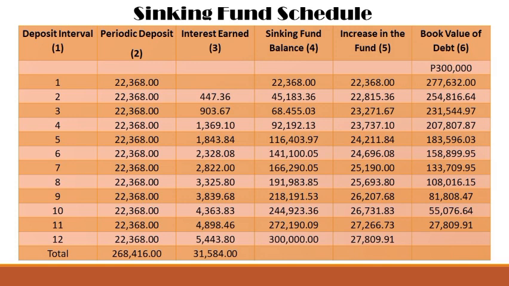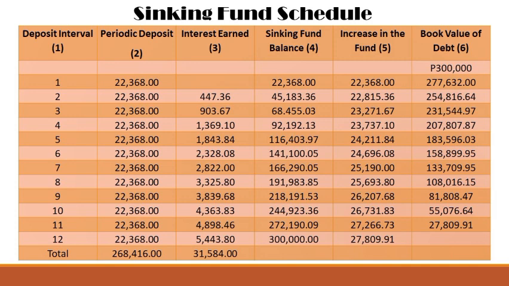On the third deposit period, the fund increase of 23,271 pesos and 68 centavos is equal to the difference between 68,455 pesos and 3 centavos and the previous fund balance of 45,183 pesos and 36 centavos.